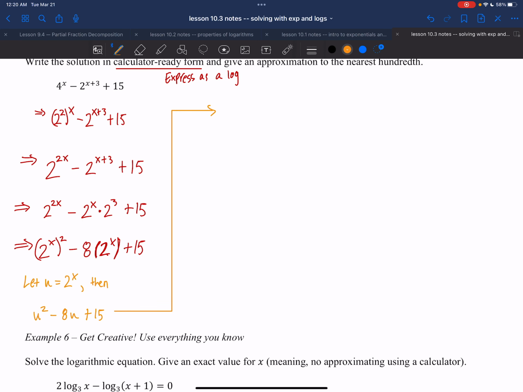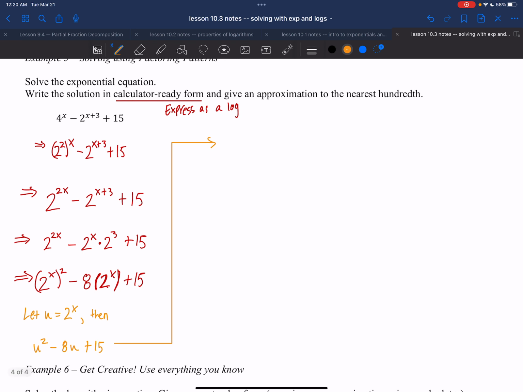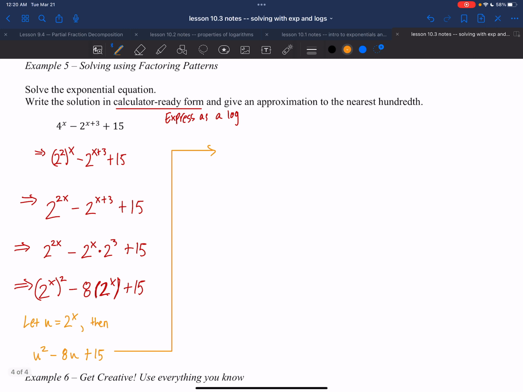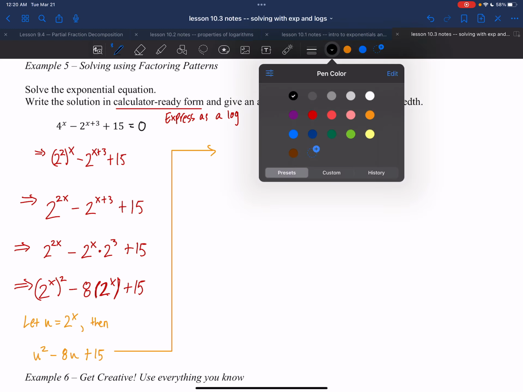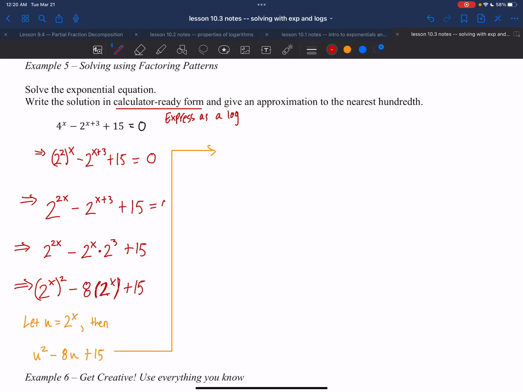So how does this factor, right? I guess this should have been equal to 0. Sorry, this is equal to 0. So all of these should say equal to 0. Now I have u squared minus 8u plus 15 equals 0. This factors as u minus 5 and u minus 3.